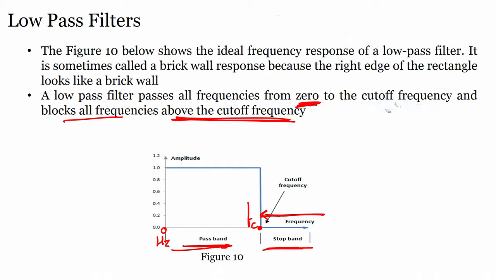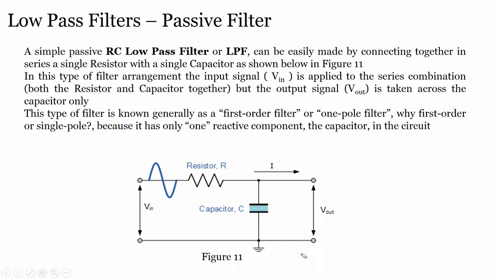Okay, let us move to the next slide and see a low pass filter with passive components. This is the elemental way of differentiating filters based on R and C. Since we are using R and C, we say this is a low pass passive filter.